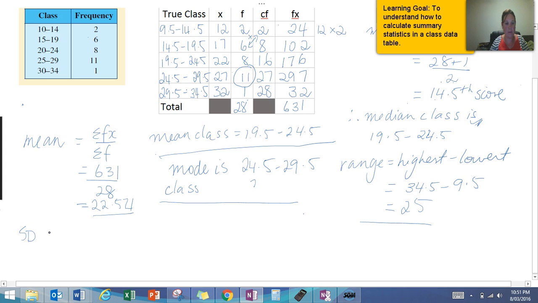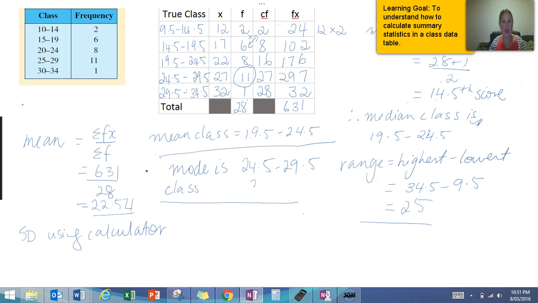Don't forget that you do need to enter in the X value, which for the first one is 12, and then your F value, which is 2, and you're going to use your M plus button to store that. Once you've done that for each of your scores, you'll be able to calculate your standard deviation for this set of data.